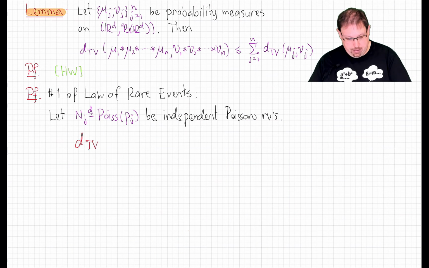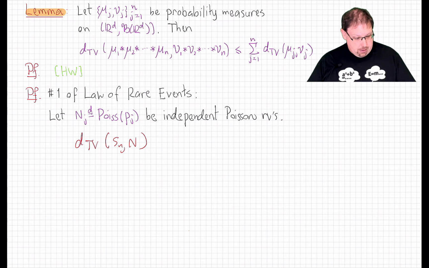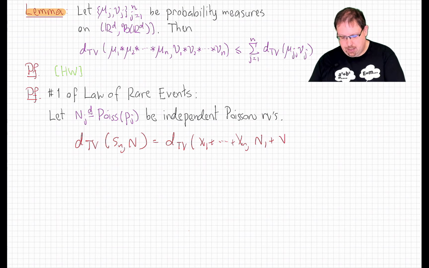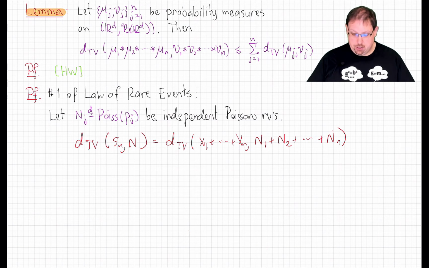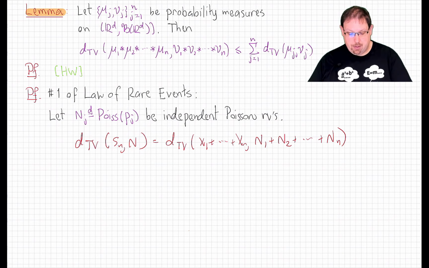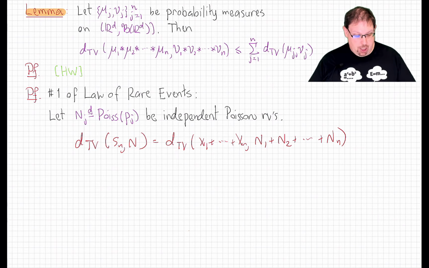The total variation distance between Sn and Nn is going to be the same as the total variation distance between Sn, which is the sum of those, and the sum of these Poissons, because as we showed in an earlier lecture, a sum of independent Poissons is Poisson, with parameter being the sum of the parameters. And the Nn we're supposed to be using here is indeed Poisson, whose parameter is the sum of the pj's.